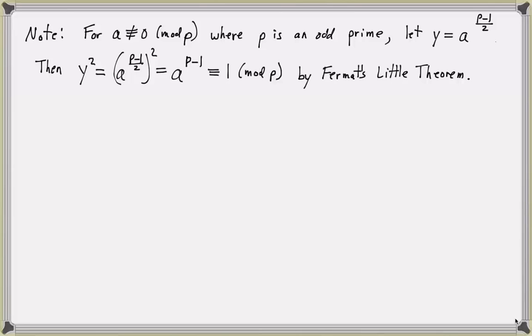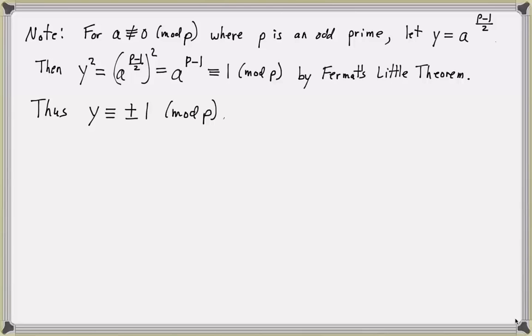So look at this. So y squared is congruent to 1 mod p. Well, we showed in a homework exercise that the only solutions for y are plus and minus 1 mod p. So y is congruent to plus or minus 1 mod p.